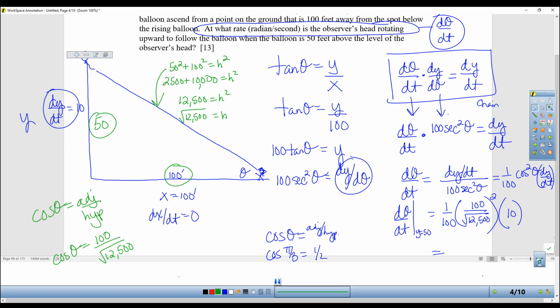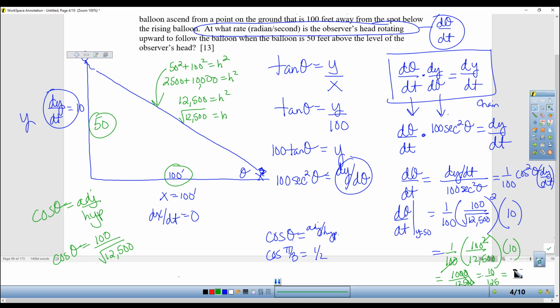I know you're just going to type it in your calculator, but if you wanted to simplify it first, it's 100 squared over, notice that the square root cancels, times 10, and then this 100 and this 100 cancel, and then you have 100 times 10 is 1,000. 1,000 over 12,500. 2 of the zeros cancel. 10 over 125.